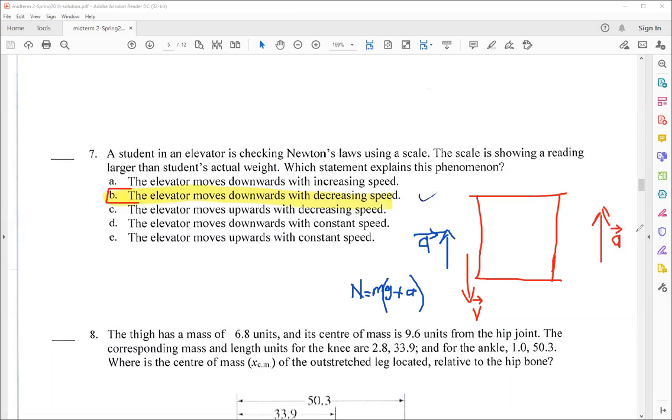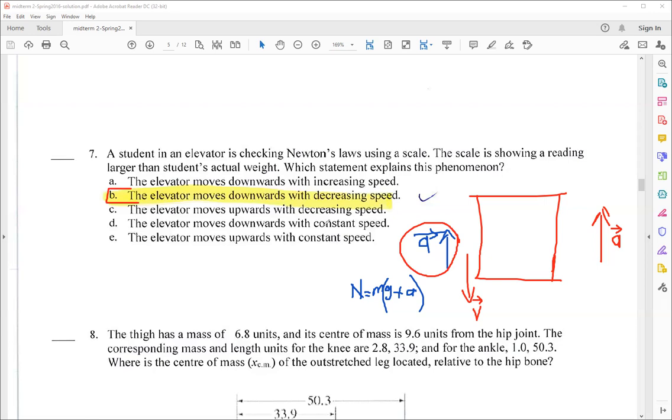Instead, I am provided with this option, elevator moving downward with decreasing speed, but that still gives me an acceleration that is pointing up, and that's still going to give me an apparent weight that is more than the normal weight. You can check the other ones are not the correct answers, because the first one is moving downward with increasing speed. That means acceleration is pointing downward.